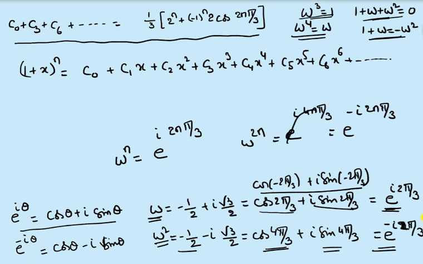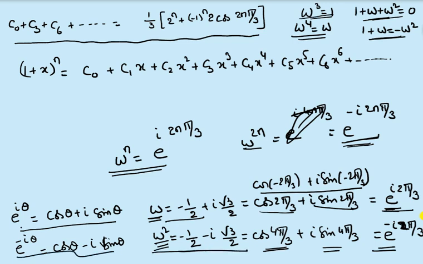That is the reason I wrote omega power 2n as e power minus i 2n pi by 3. Once again, omega power n can be written in this way, omega power 2n can be written in this way. This is e power i theta, omega value can be written in this way. This is e power minus i theta, this is omega square value, we can also write e power minus i 2 pi by 3.